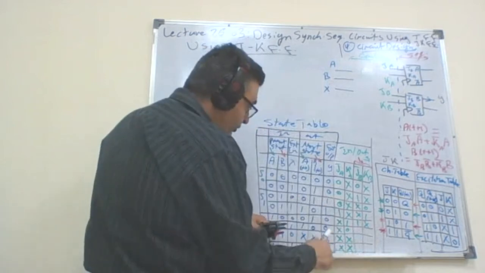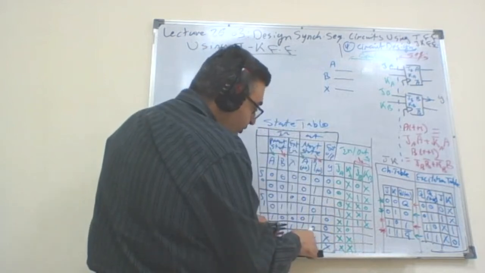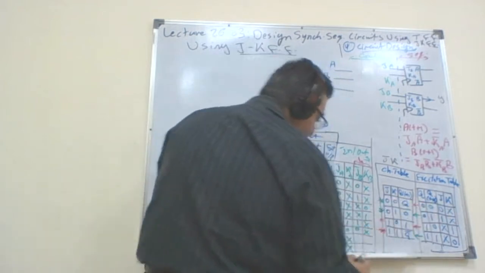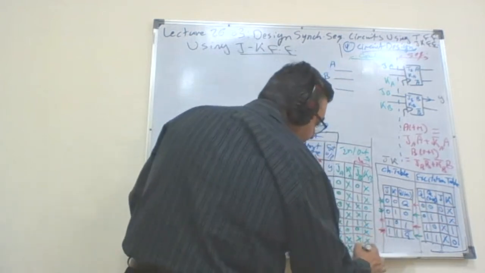Next, 0 and 0 means 0x. Finally, I have x, x, x, x.